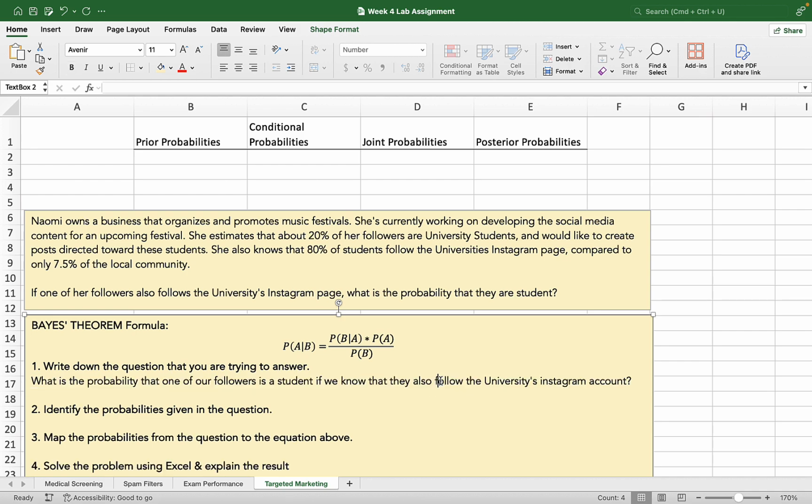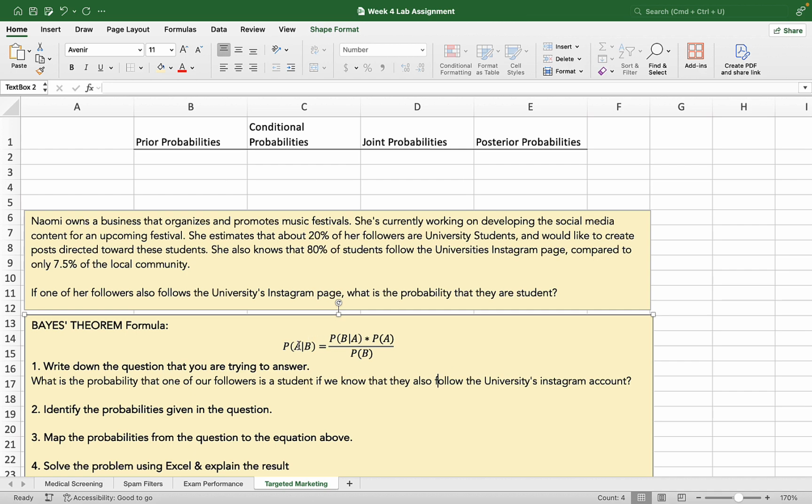And if we try to write that in the language of Bayes' theorem, we want to know what the probability is that they're a student if we know that they also follow the Instagram account. So there's something we're searching for, right? The probability is a student. We don't know if a given follower is a student or not, but we do know that they follow the Instagram account.